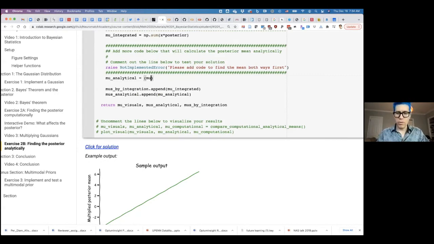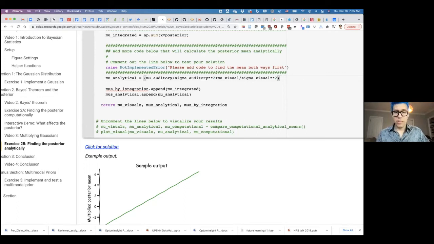So we have mu auditory divided by sigma auditory squared. And we'll need a bracket there. Plus mu visual over sigma visual squared. Okay.